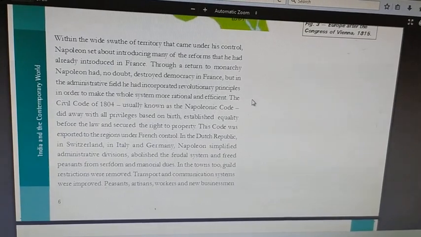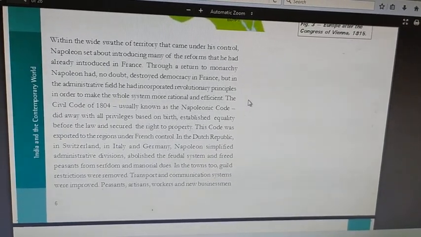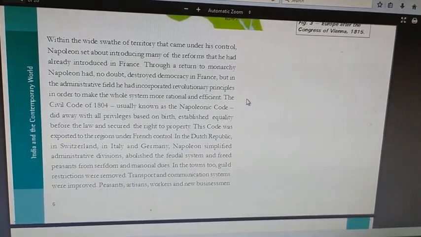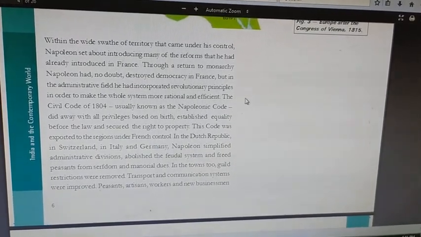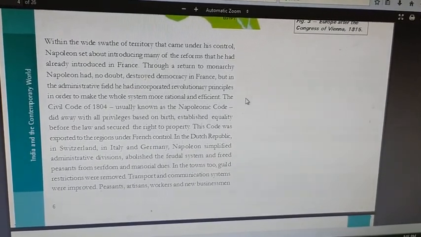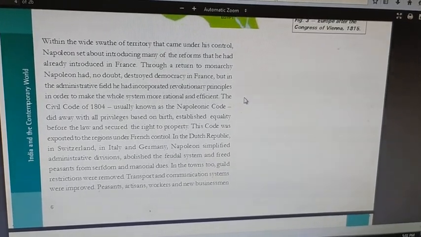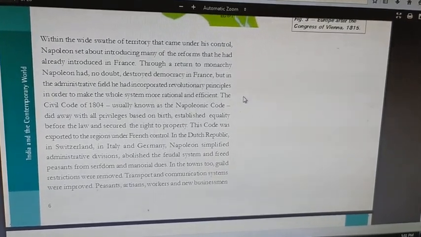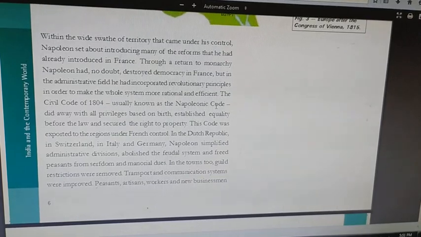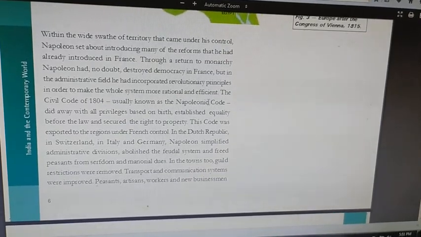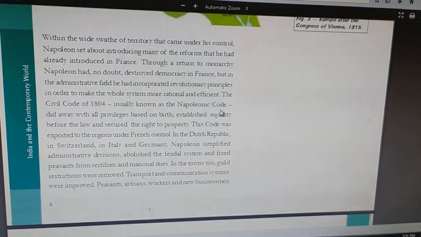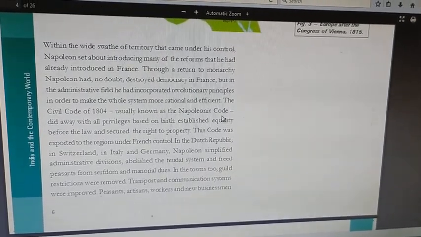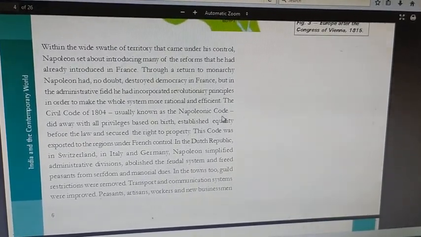Through the return of monarchy, Napoleon had destroyed democracy in France, but in the administrative field, he had incorporated revolutionary principles in order to make the whole system more rational and efficient. Now we'll talk about the Civil Code of 1804, which you can see on this page. The Civil Code of 1804 is called the Napoleonic Code.